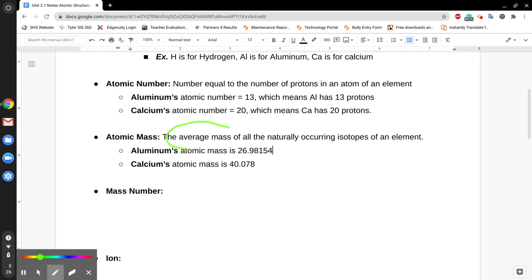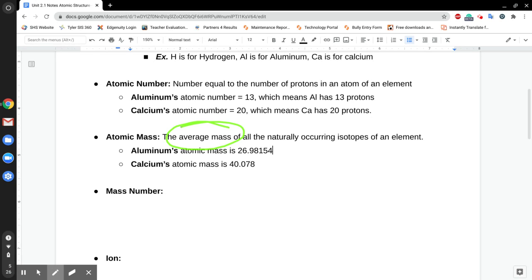Think of it this way. If you're working with an average mass, and we're talking about things that are crazy, crazy small, but that are measured with crazy, crazy accurate and precise equipment, you're going to have a decent range of numbers.